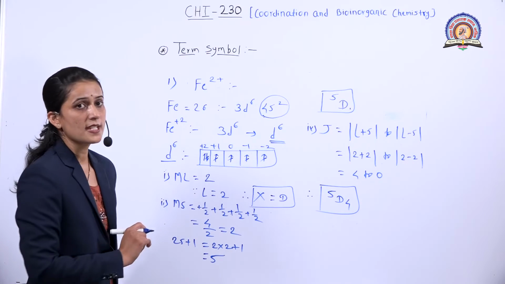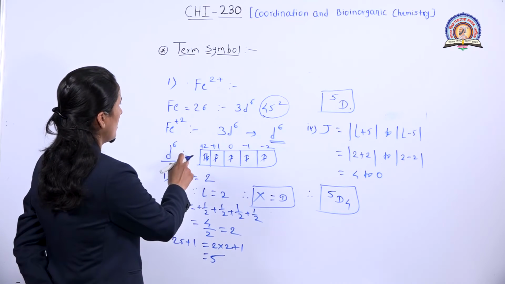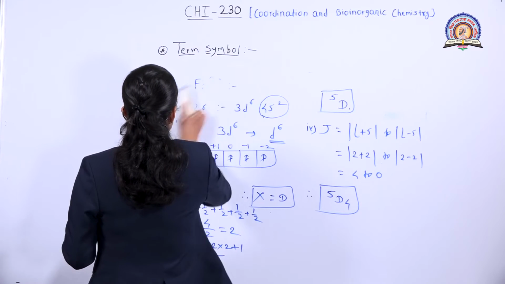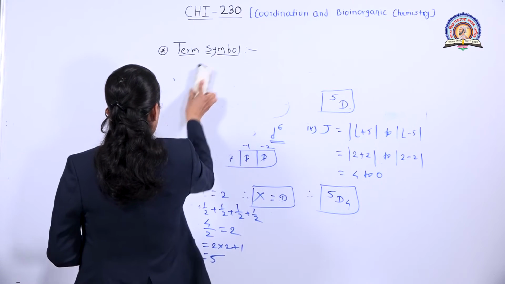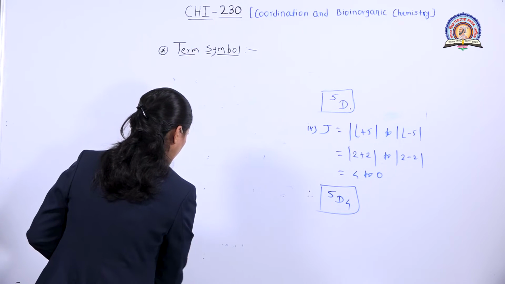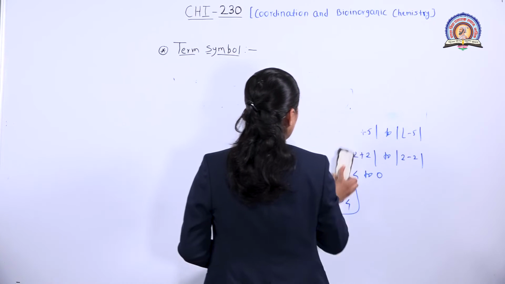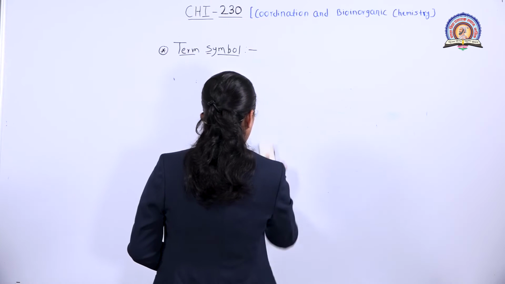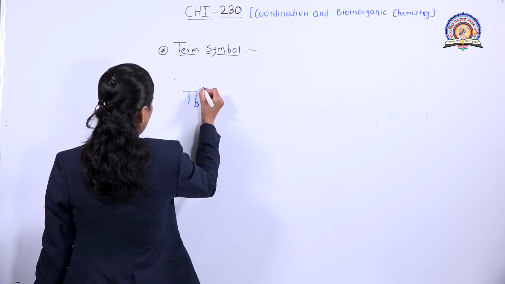This is nothing but your GS term or full spectroscopic symbol. In the previous example we took the P configuration, that is P2. Now we considered D. Now let's see the F configuration. Suppose I have an example, terbium 3+.